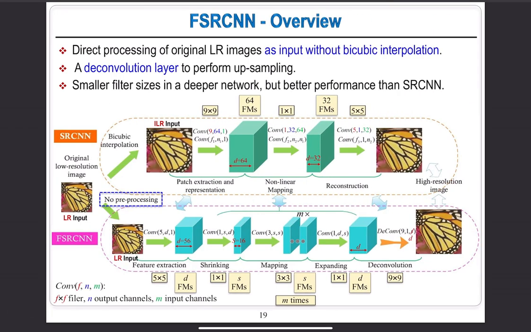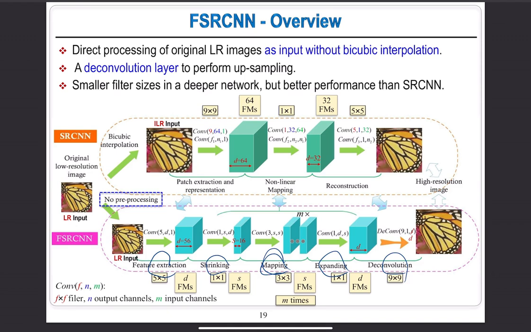It consists of several key components: feature extraction, shrinking, nonlinear mapping, expanding, and deconvolution. Feature extraction can be explained as a 5 by 5 convolution on the LR image. Shrinking is a 1 by 1 convolution that reduces the number of feature maps, the channel number.